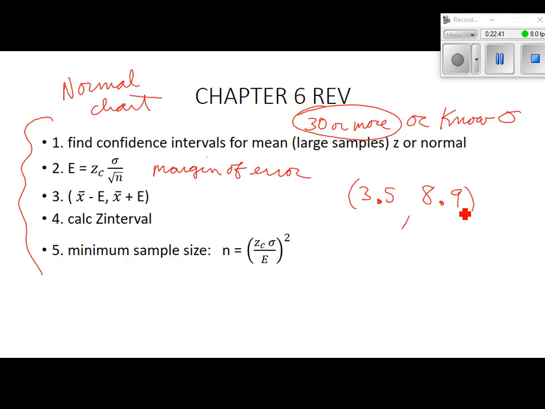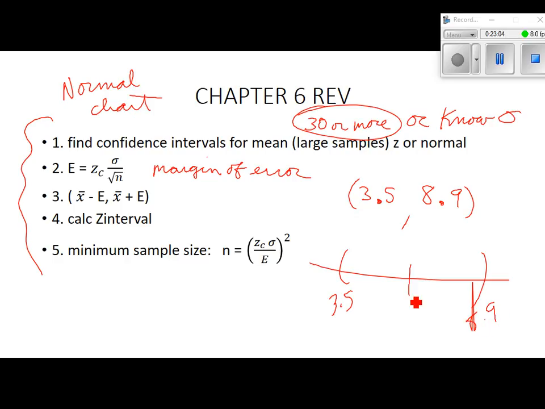This is like if it's backwards, right? If we already know the interval, you add them together, divide by 2, it gives you X bar, it gives you what's in the middle. Remember when we first started this, we were like this. So we'd say this was 3.5, this was 8.9.